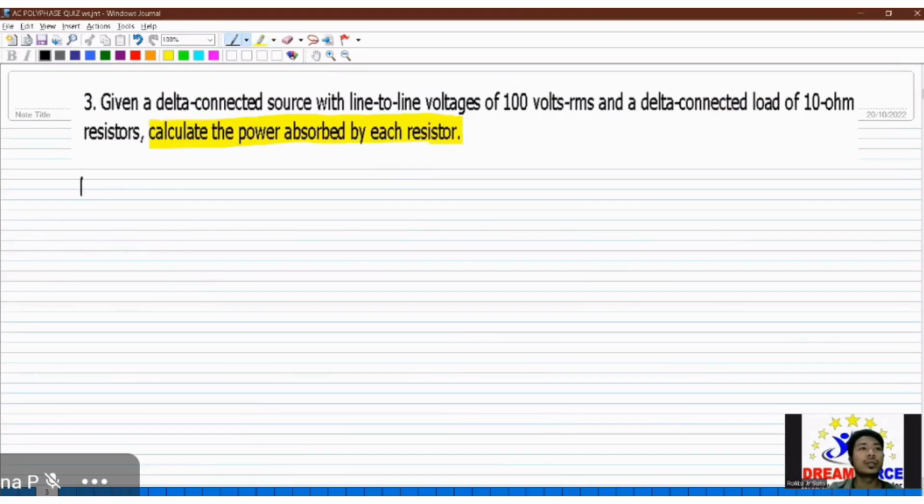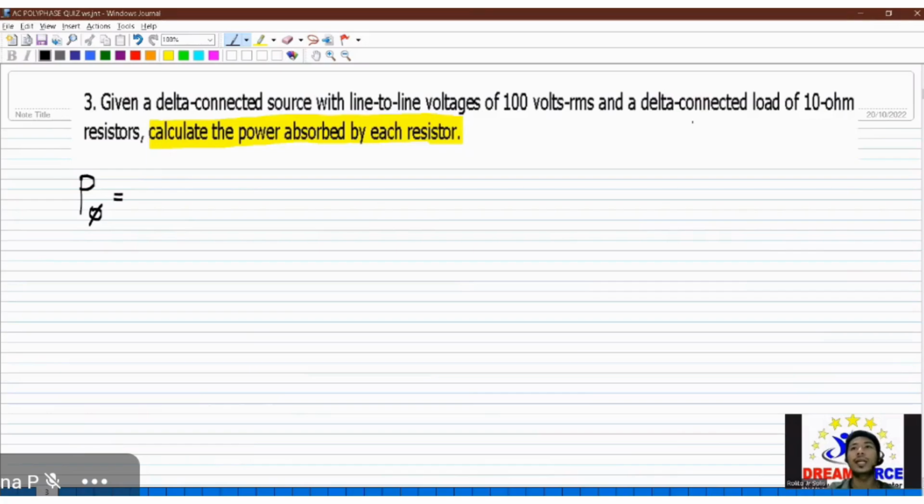Okay, so di ba the power absorbed by each resistor, meaning per phase value. So power per phase, maraming formula yan, no? Pwedeng V squared over R per phase, pwedeng I per phase times R per phase, or V per phase, I per phase, then power factor.